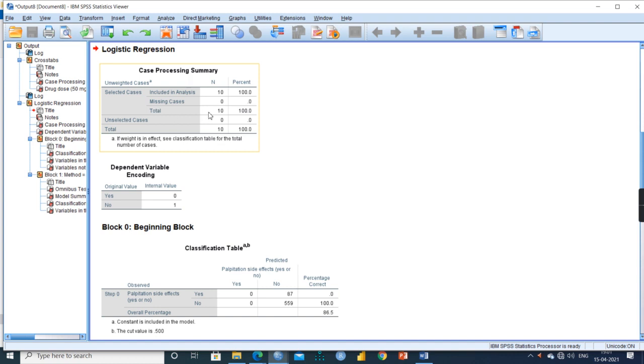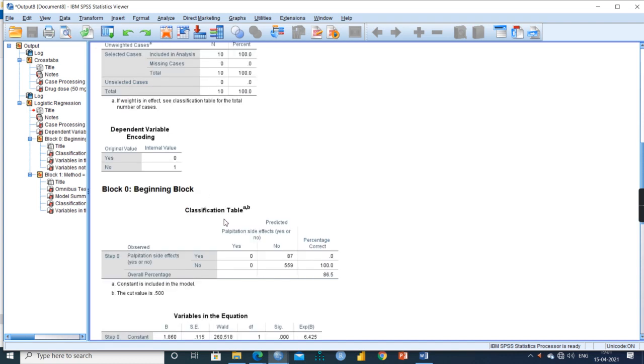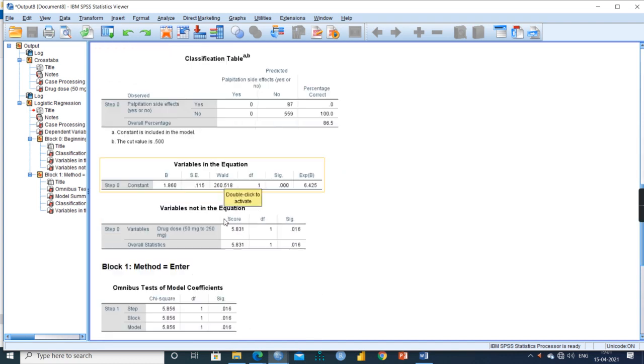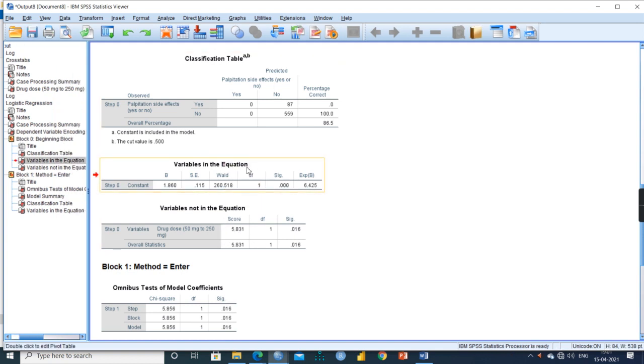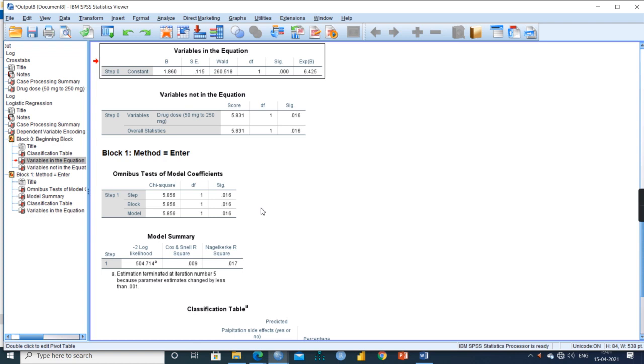As usual, in the logistic regression, Block 0 and Block 1 will be presented here, and the Wald test in the variables in the equation seems to be significant. We proceed with further analysis, the omnibus test, where the chi-square test seems to be significant.